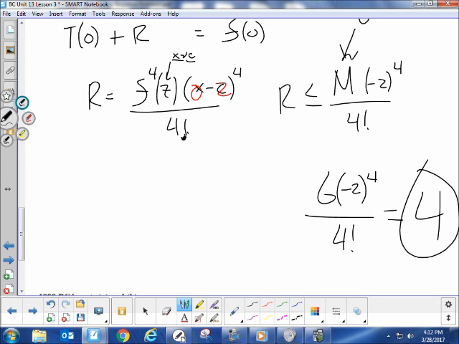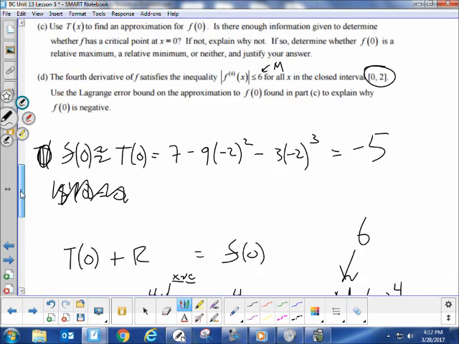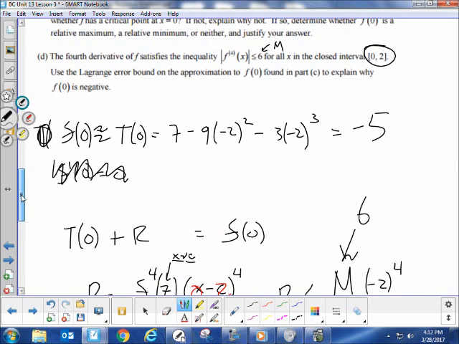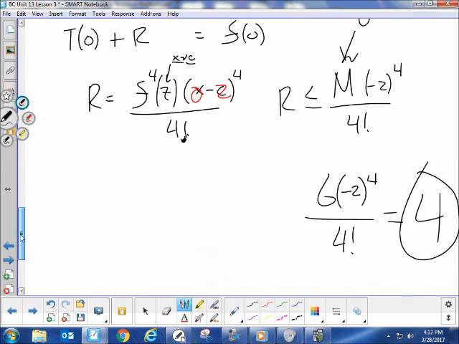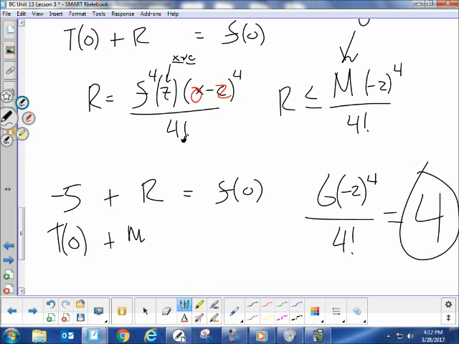Okay, 4. Now, the question is, use the Lagrange error bound to explain why f of 0 is negative. Well, T of 0 was negative 5. Plus my remainder is equal to f of 0, right? Well, the max value of the remainder is 4.